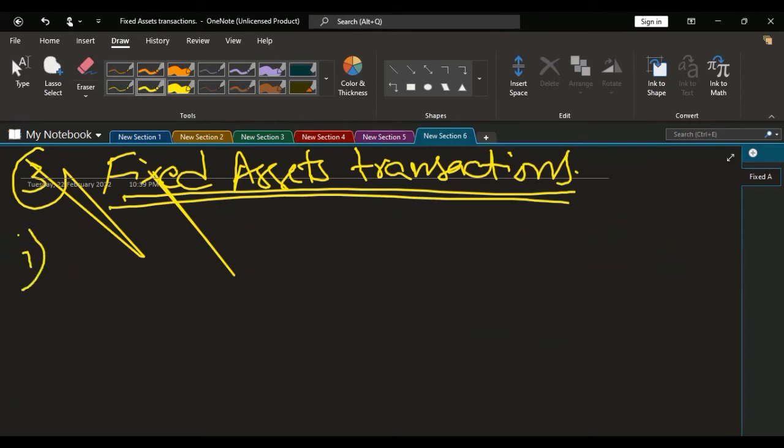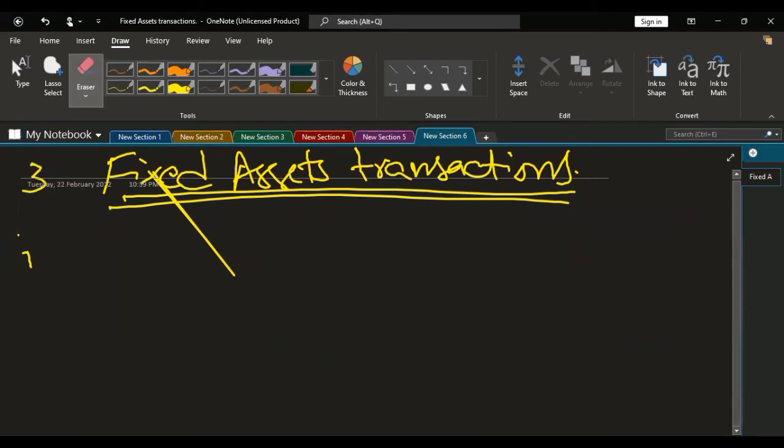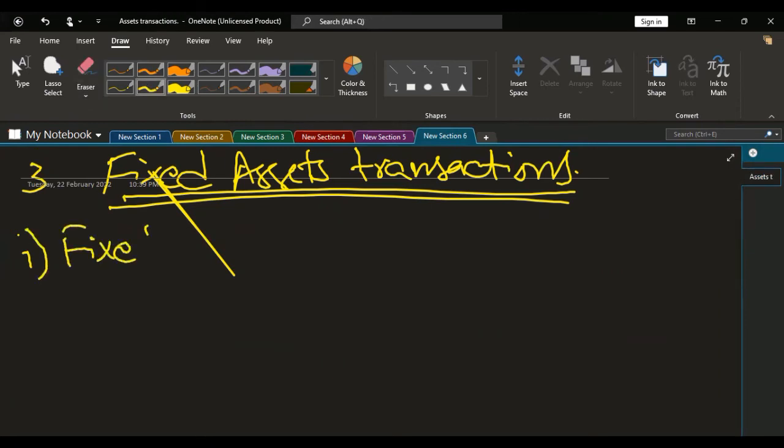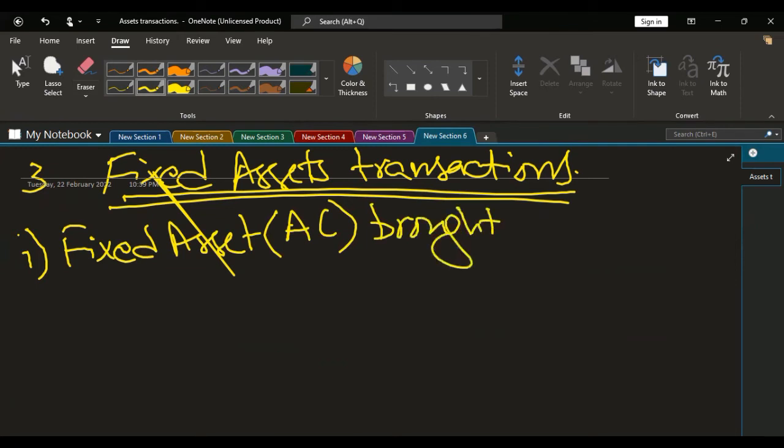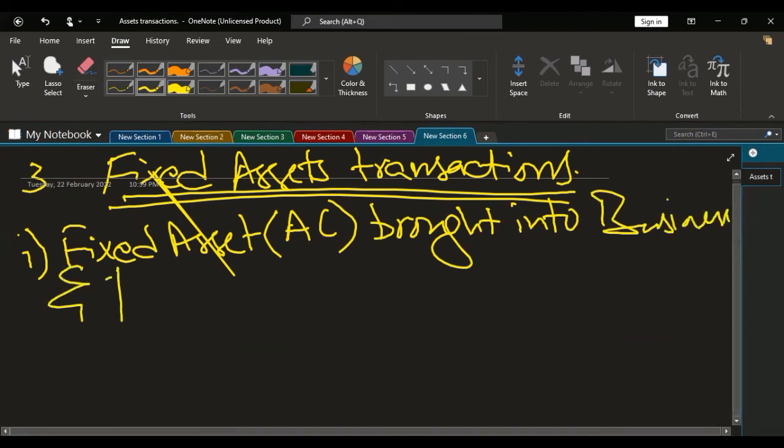First example is a fixed asset. For example, an AC brought into business and paid through cash.